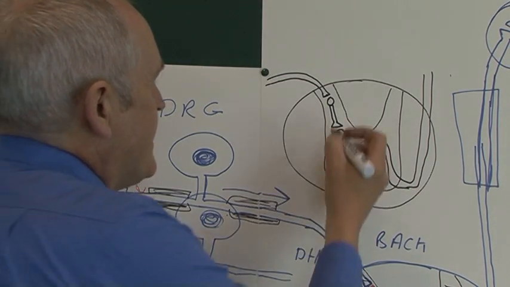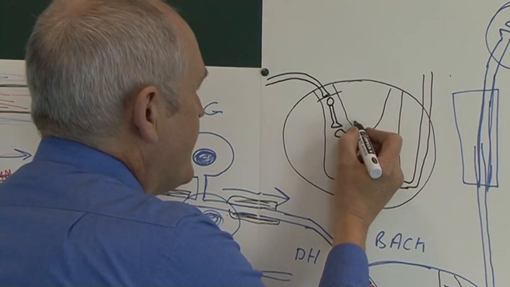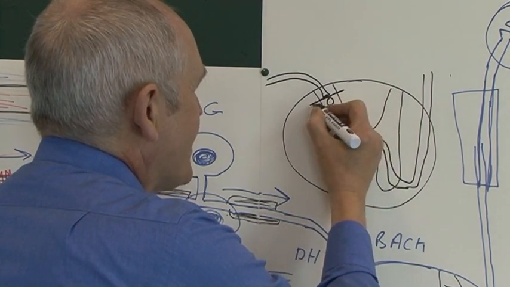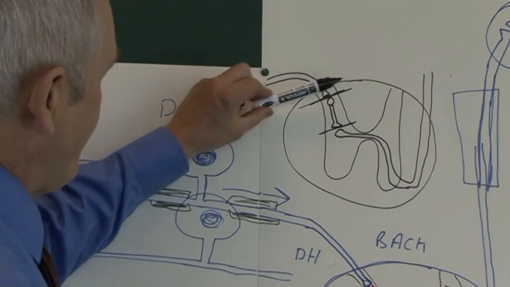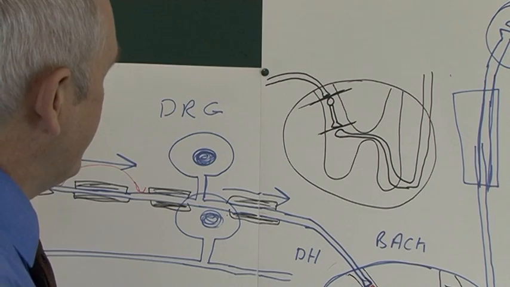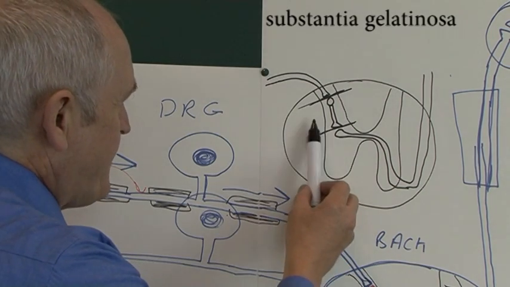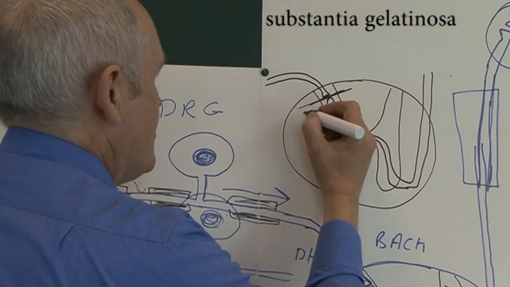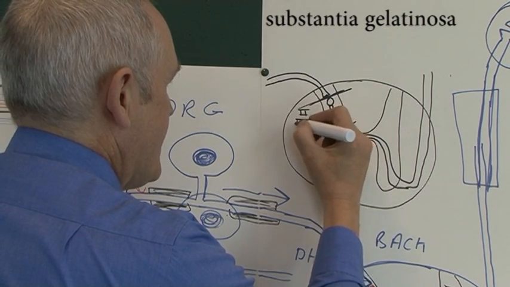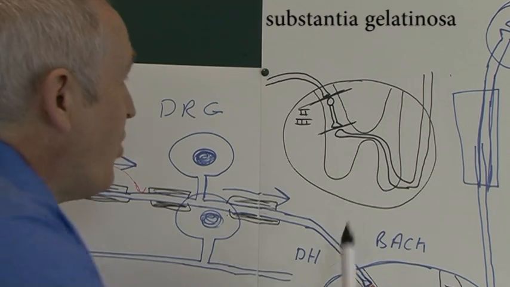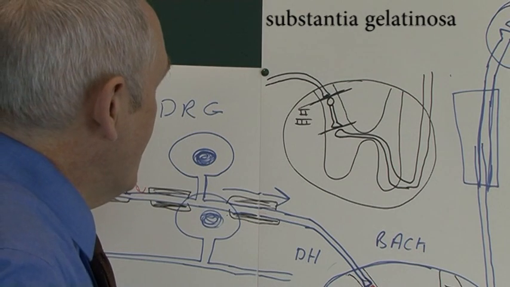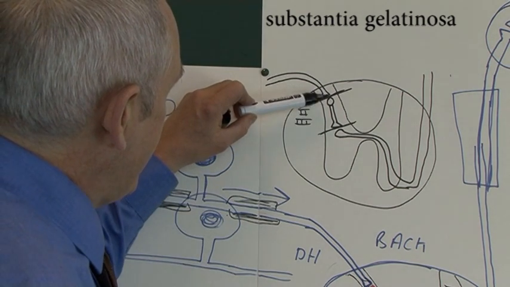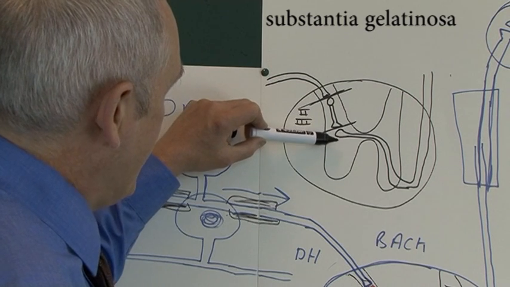And this is in an area of the dorsal horn called the substantia gelatinosa. What actually happens is the spinal cord is divided into lamina. So there are layers 1, 2, 3, 4 and 5. And the substantia gelatinosa is in layers 2 and 3. It's a more jelly-like layer, and it's this part of the dorsal horn. So that might be layer 1 there, layer 2 there, layer 3 there, 4, 5.